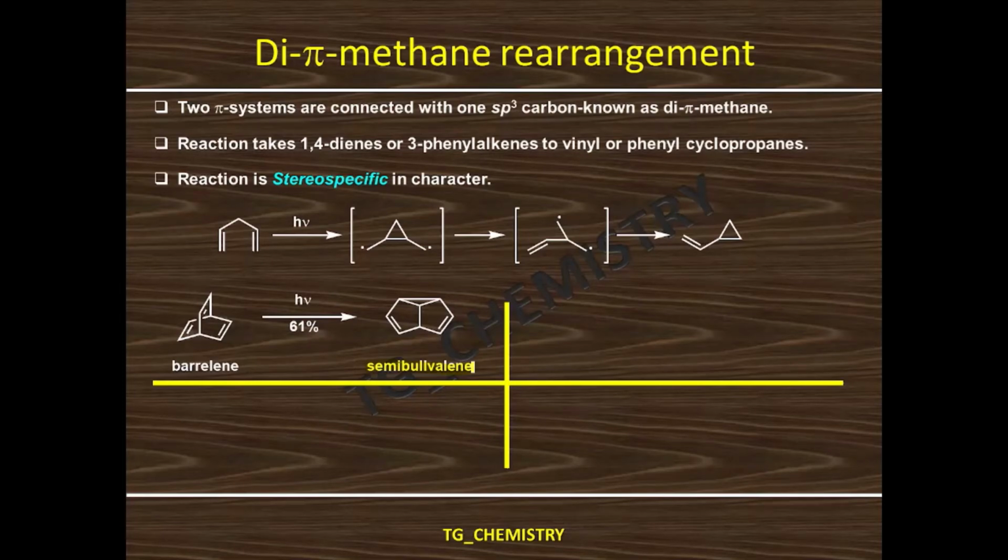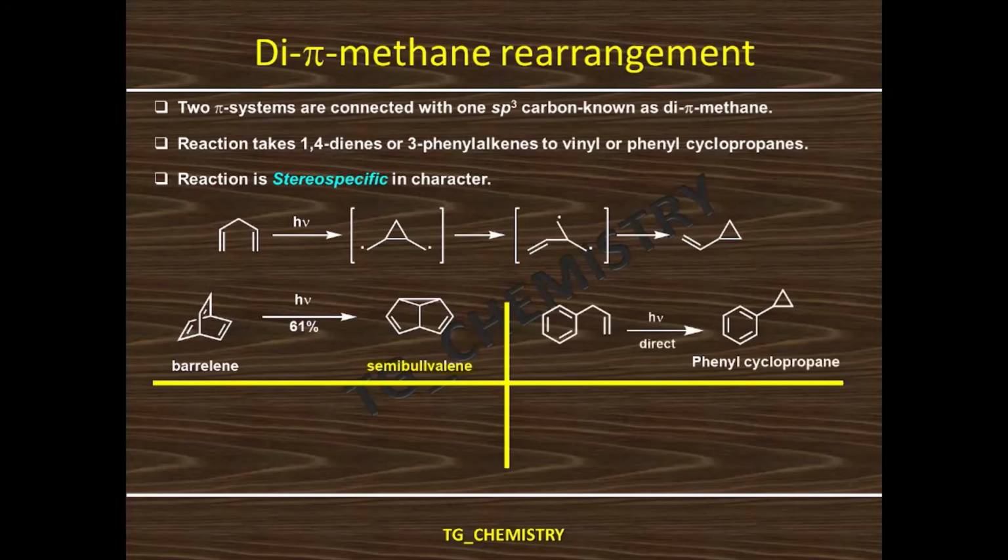However, in case of a cyclic system, upon photoirradiation, if it goes by direct photochemical reaction without sensitizer, it will lead to the structural isomer, and if it goes in the presence of a sensitizer like acetone or some other sensitizers, the di-pi-methane rearrangement product will be the major one. Okay, so these are the first things to understand from that point of view.